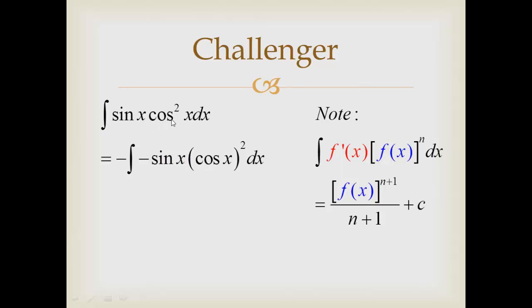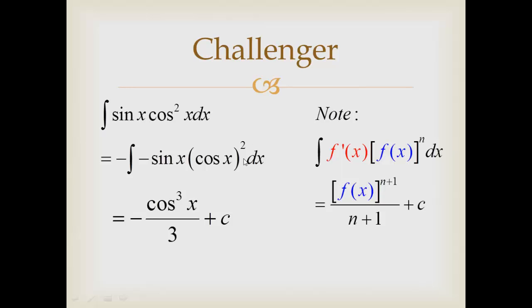So what do I do to this question? I first put a bracket over cos x raised to power 2, and I differentiate cos x, which is minus sine x. Now there isn't a minus here in the question, so I generate my own minus and cancel with the minus outside the integration sign. So now f prime x is there. So I will just have to do my power rule here.